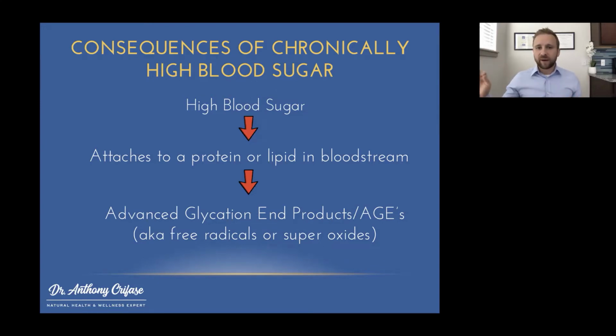If you leave a bike out in the rain and it rains and rains and rains, the bike is going to start to rust because it is oxidizing. So the form of the metal is changing. The same thing happens in the bloodstream, to your blood, to proteins. When there's high blood sugar, the sugar will attach to these proteins, it'll attach to a lipid, and this starts oxidizing things.